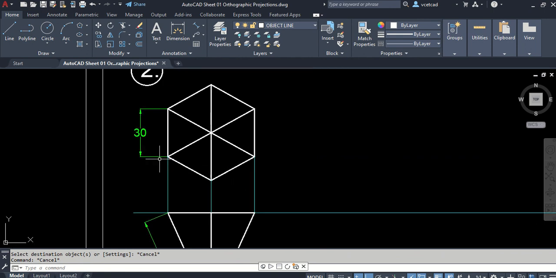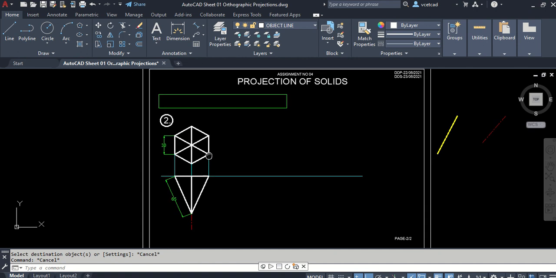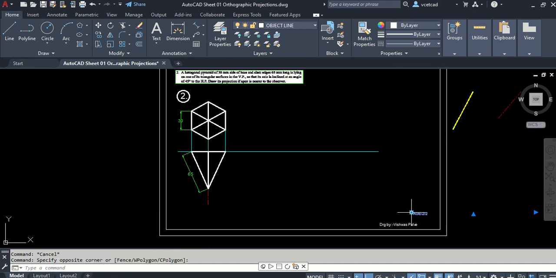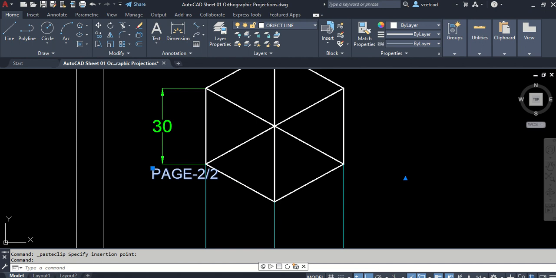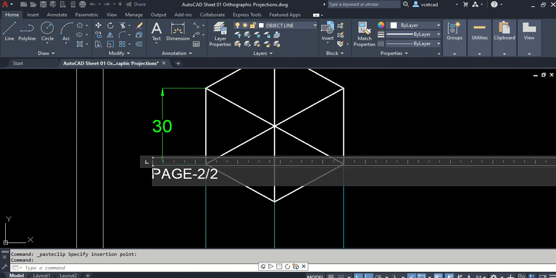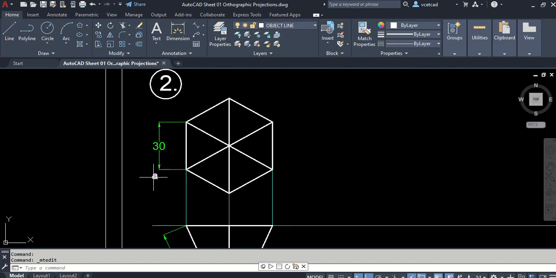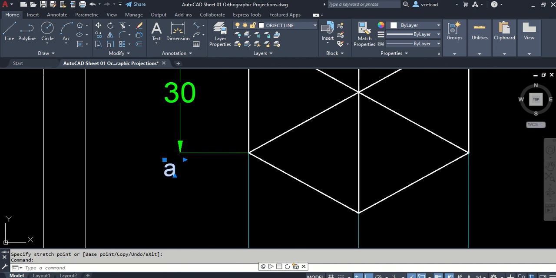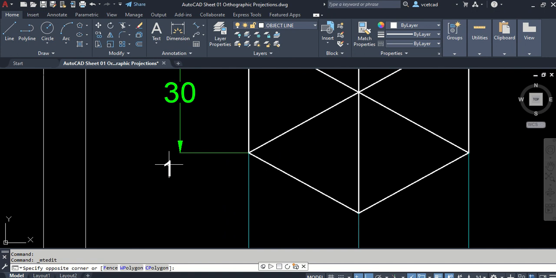Now I have to name the points. For naming the points, let us start with this point. You can use letters or you can give numbering. I'll give numbering, so it will be quite comfortable.